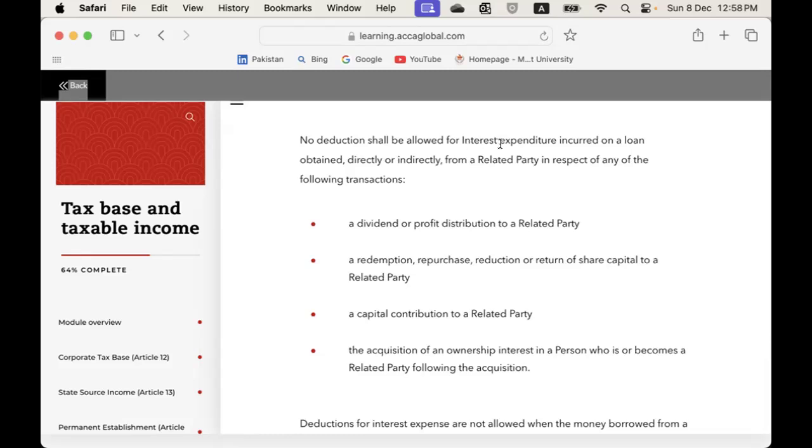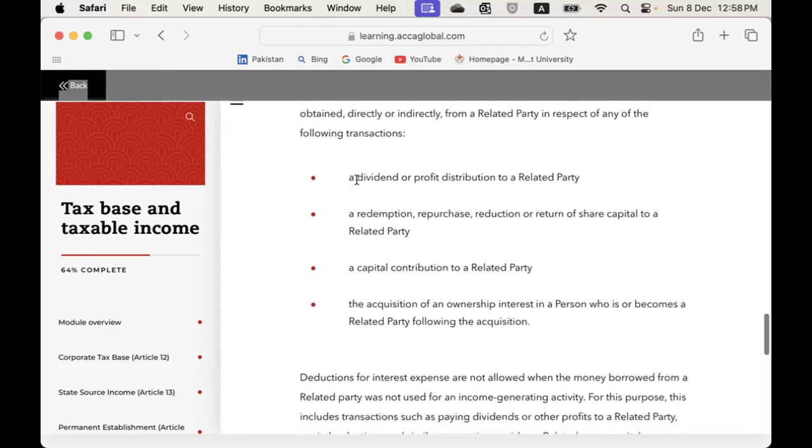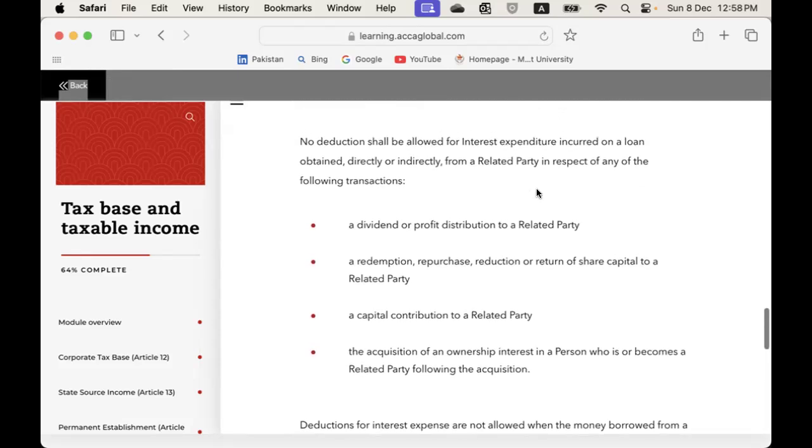No deduction shall be allowed for interest expenditure incurred on a loan obtained directly or indirectly from a related party in respect of the following: a dividend or profit distribution to a related party. So the company wanted to declare a dividend or distribute profit, and for that purpose, they obtained a loan from a related party. Now, that is not allowed.